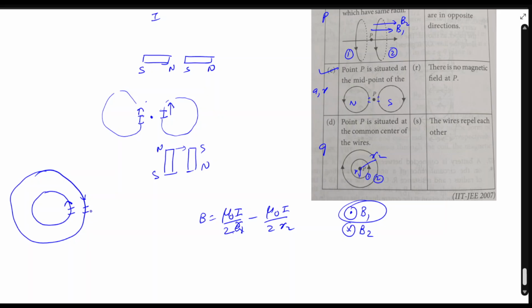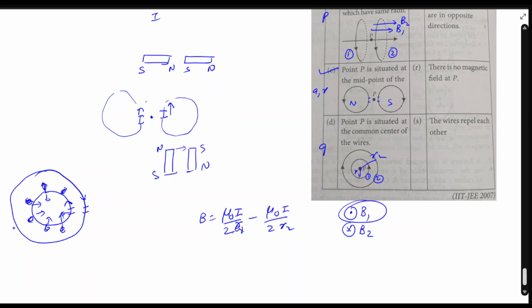In this, the current is in opposite direction, so they will attract each other. Similarly, this will attract each other. Similarly, this will attract each other, right? So force on each section will be like this. Oh, okay, so it's in opposite direction, right? Sorry. So it will be repelling each other, right? It will repel each other because current is in opposite direction.